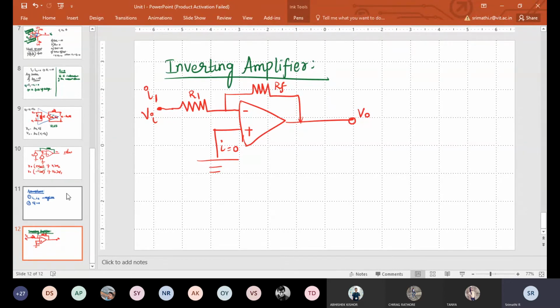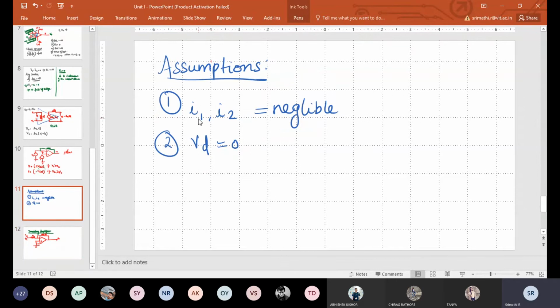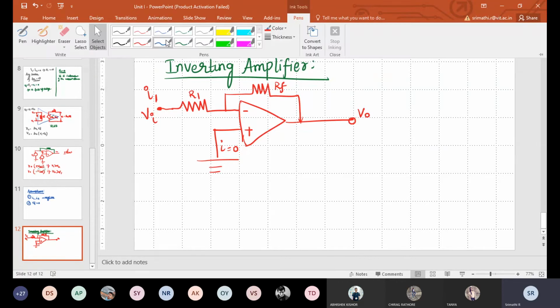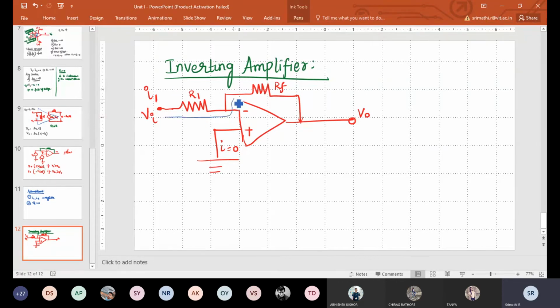As I said, what is the first assumption? Input current drawn by the op-amp is negligible, meaning the op-amp should not draw any current from the source. So whatever input current I1 is coming here will flow through RF and go out like this, according to our assumption.